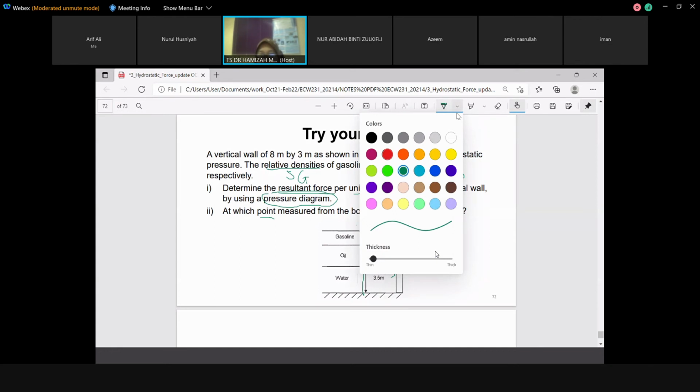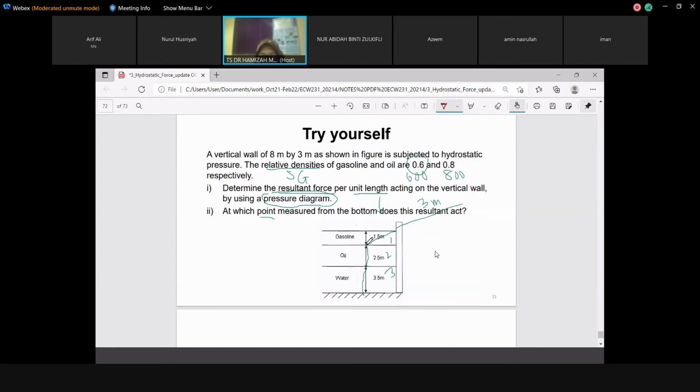So we draw for oil. Oil will appear as a triangle down to the bottom. It must reach the bottom. Okay, your eye will consider, not that you see it reaching the bottom. It means when we calculate, we assume the view goes to the bottom.